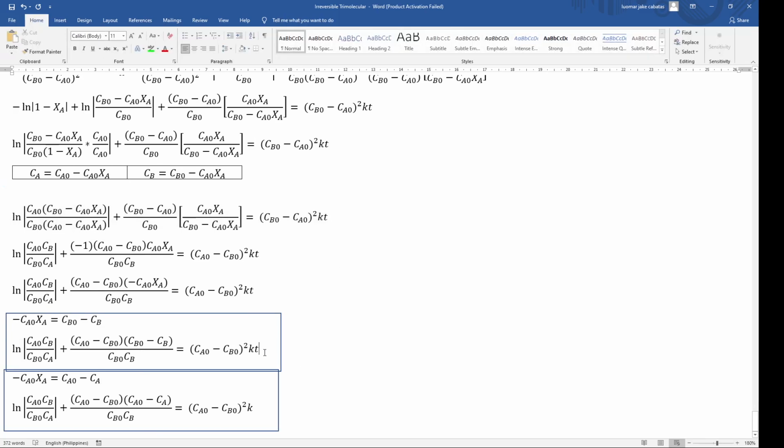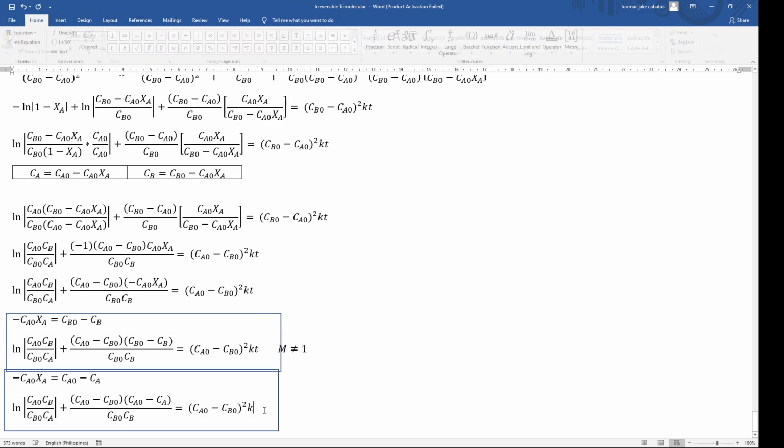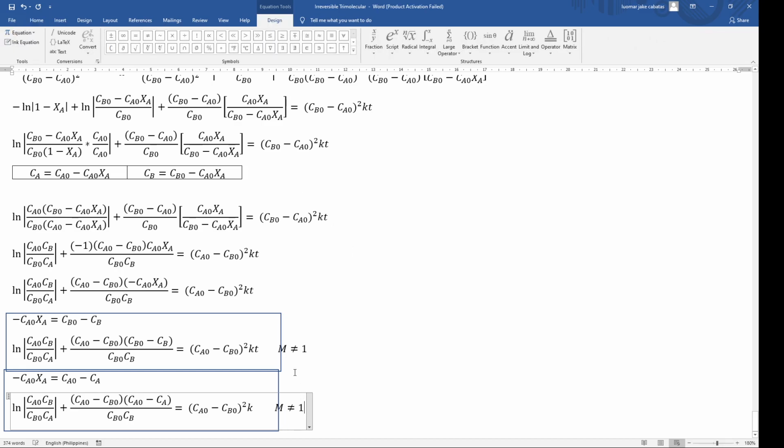And this is if m again is not equal to 1, same goes here. m is not equal to 1.